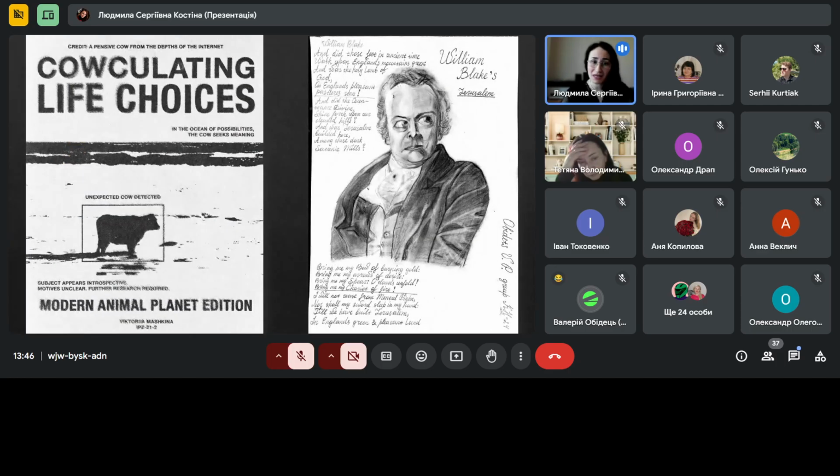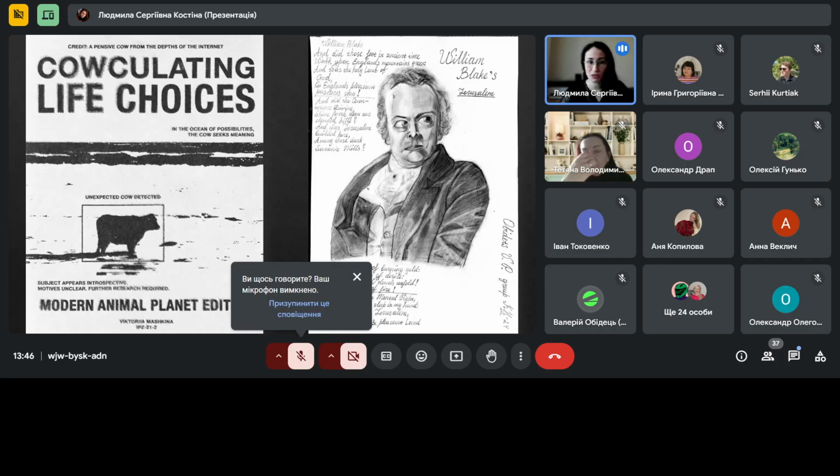Well, and now, guys, the last pair of memes, yes. They are not memes, they are posters. The first one on the left side is about a pensive cow from the depths of the internet, calculating life's choices in the ocean of possibilities.